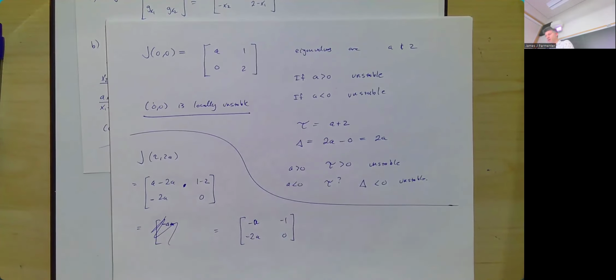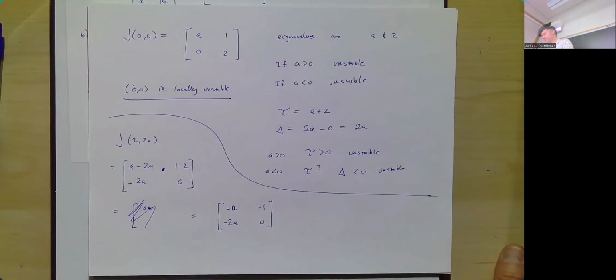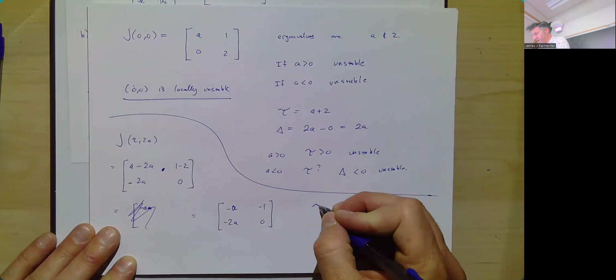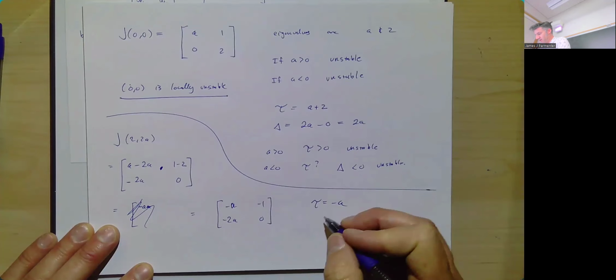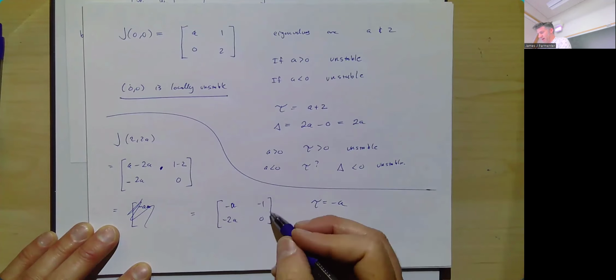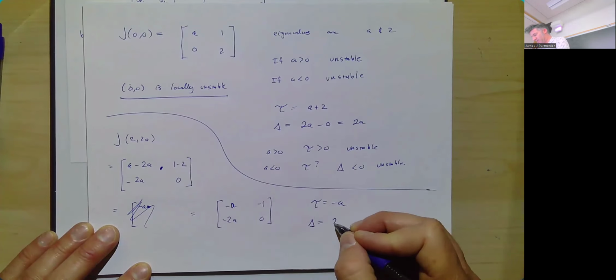I don't love this really at all. I would probably do the trace determinant way. So the trace is negative a. The determinant is 0 minus that, so the determinant is positive 2a.